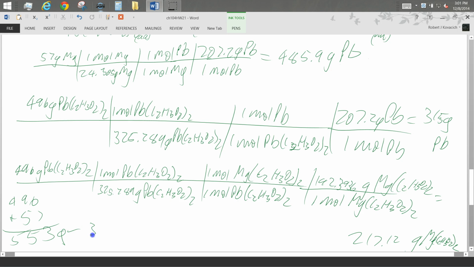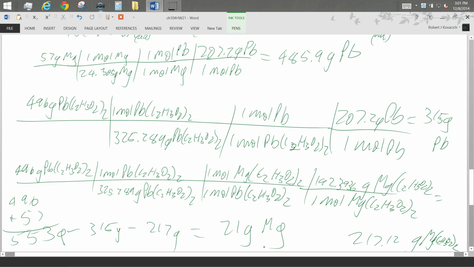And I know that 315 grams is my lead. And I know that 217 grams is my magnesium acetate. So what do I got left here? So 553 minus 217 minus 315. So that means I've got 21 grams of leftover stuff. And that 21 grams of leftover stuff must be the leftover magnesium.